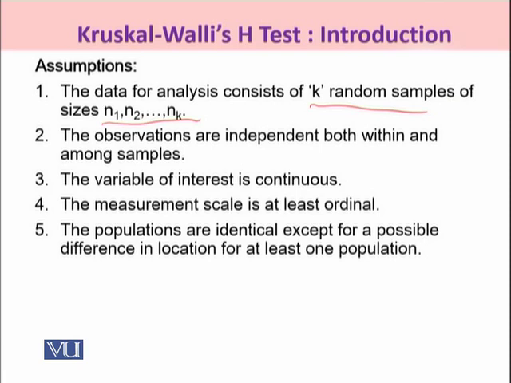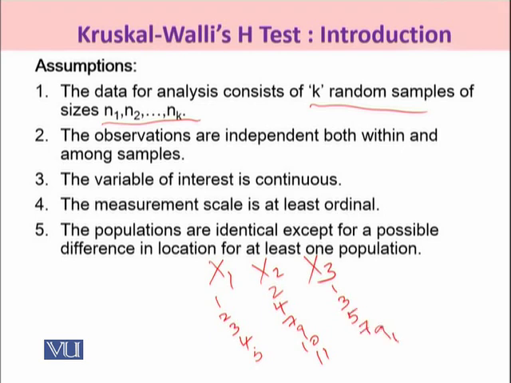For example, if we have three groups, x1, x2, x3, with a certain number of observations under each. Let us suppose under x1 we have 1, 2, 3, 4, 5; under x2 we have 2, 4, 7, 9, 10, 11; and under x3 we have 1, 3, 5, 7, 9, 11.